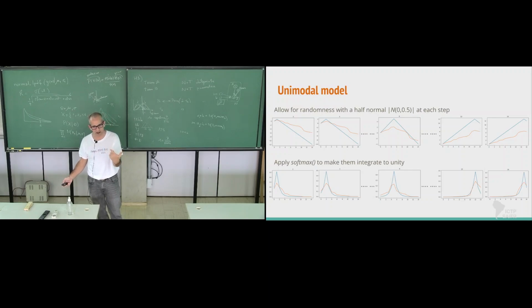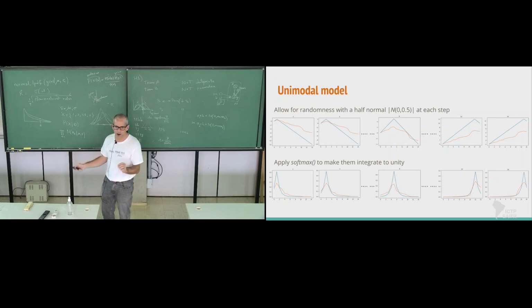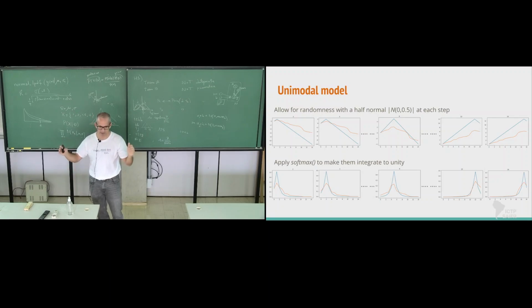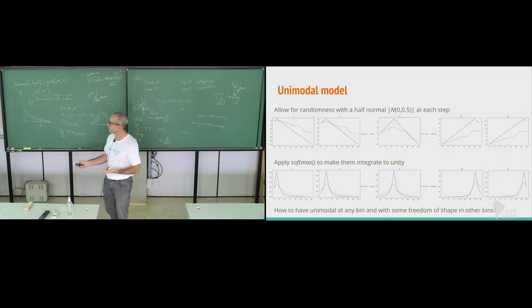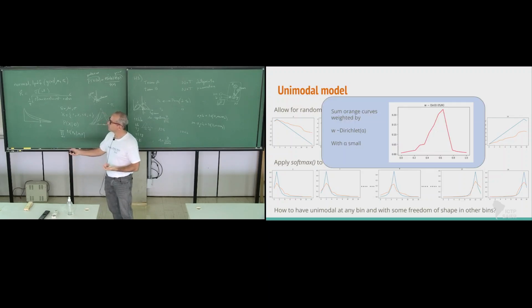But something more clever is to do a sum of the orange curves weighted by numbers that add to 1, but you have more probability of having only 1 large. How do you construct n numbers that add to 1, and it is likely that only 1 is large? With the Dirichlet distribution. Okay? Sum orange curves weighted by a Dirichlet distribution with a small parameter.